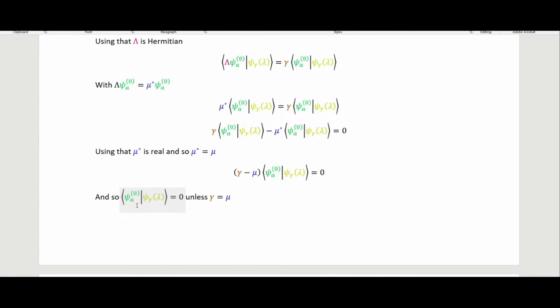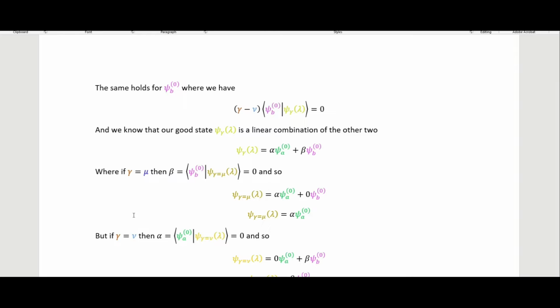And so this will be equal to 0, which is the trivial solution unless we have that gamma equals mu. And the same will go for our psi sub B here, where now I'm using nu here rather than mu.